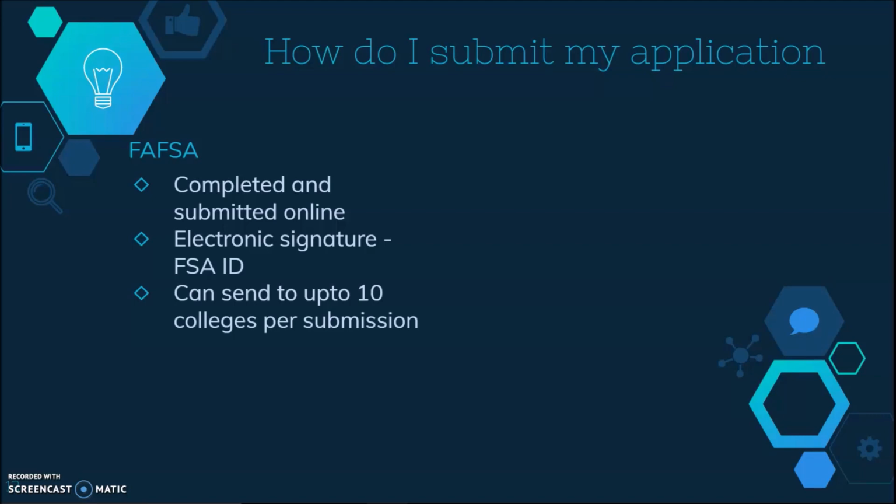Once you submit the application and the signatures are received, your financial information will automatically be sent to the universities you selected. Remember that you as the student must sign with the FSA ID. If the parent is a U.S. resident, then they must also sign electronically with an FSA ID. If not, they will sign a barcoded paper signature page and mail it in.